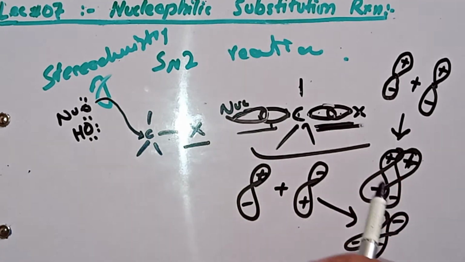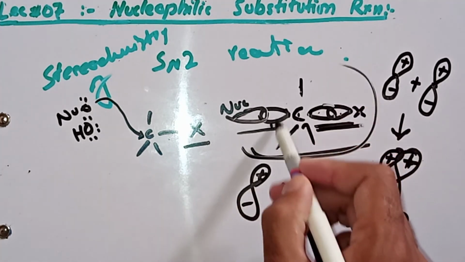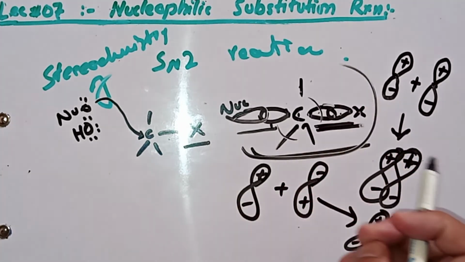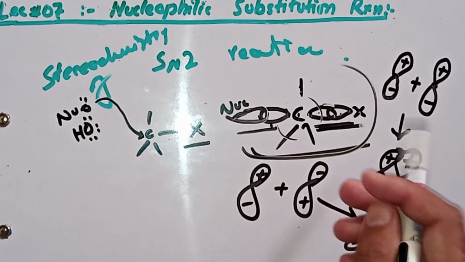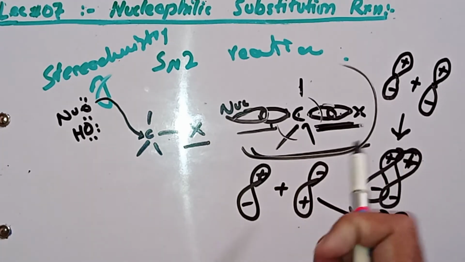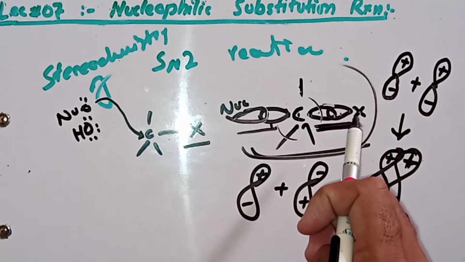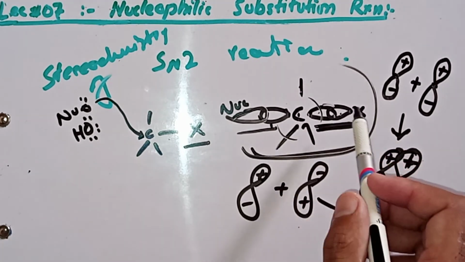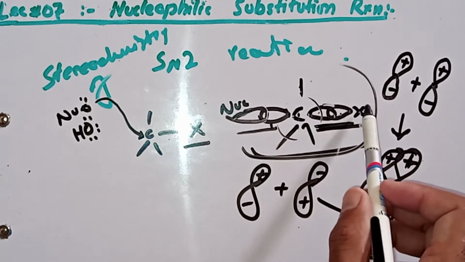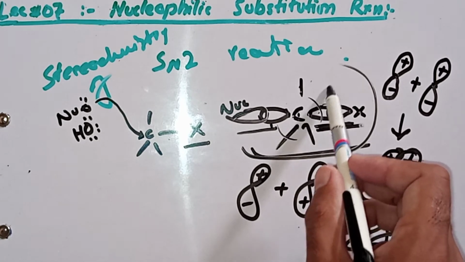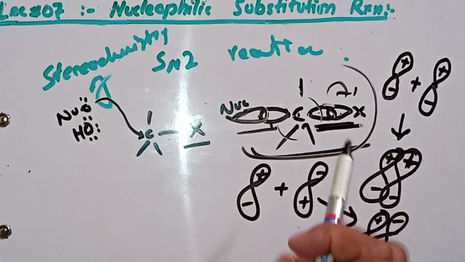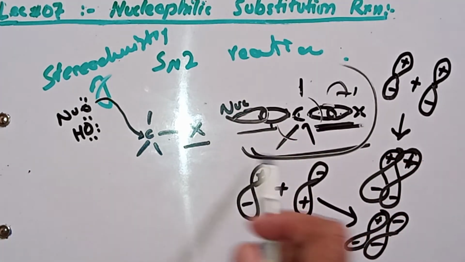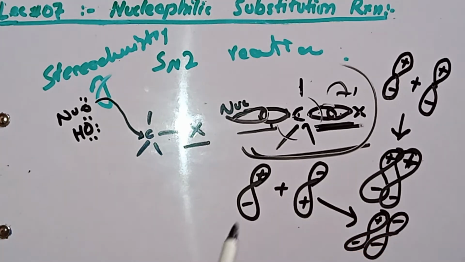So to gain stability, the electrophilic carbon should lose one of its bonds. That is why the bond between the electrophilic carbon and the halide ion, the leaving group, breaks, and the compound gains stability by this process. I hope this point is clear.